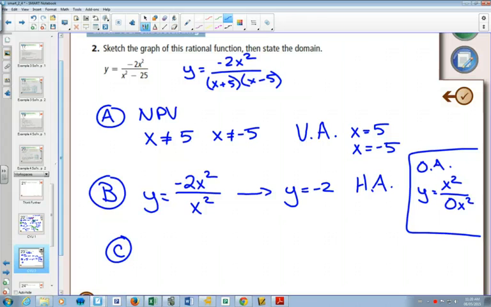So for part C, finding our intercepts. For an x-intercept, plugging in y equals 0, that only happens when the numerator of your fraction is equal to 0. So looking at the negative 2x squared in your numerator, the only time that's possible is when x is equal to 0. For our y-intercept, you would plug in 0 for x.